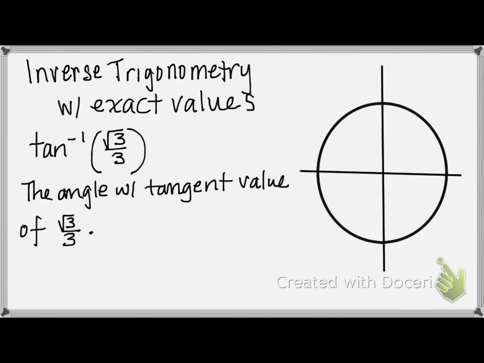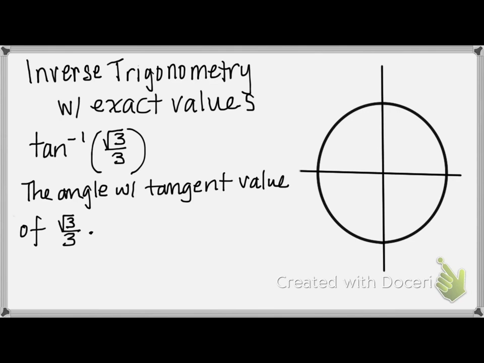So if I could answer that question, I'm almost there, but there's a couple more complications. What angle is it that has this tangent value? So let's take a look at that before I get into some further detail.